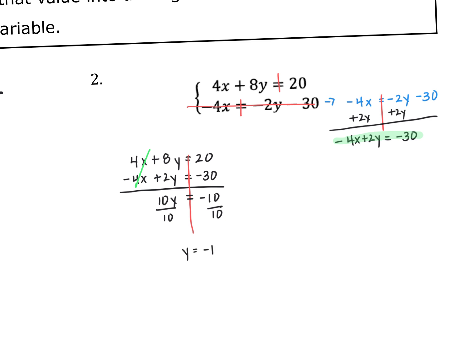Okay, so now that I have that y equals -1, I'm going to come back and look at these guys up here. And I can plug it into either one of those. It does not matter. It just has to be one of the original equations. So this one, I'm going to take this right here, and I want to plug it in.